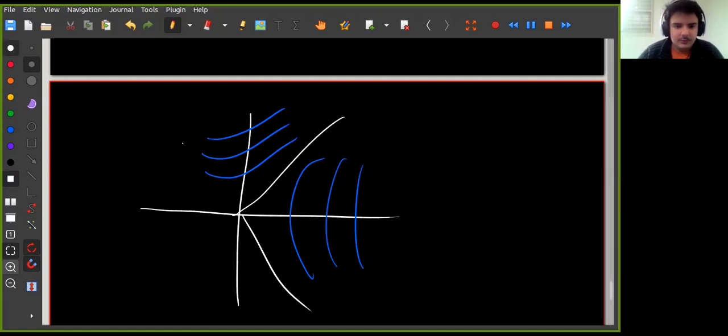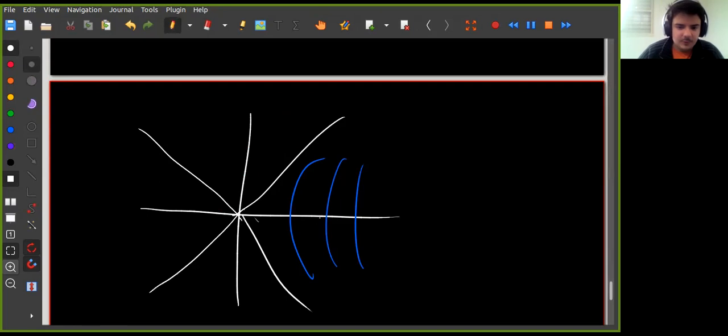Another possibility is you have a mode on the right-hand side and you have a relation with what is going on on the left-hand side. For each particle you see on the right-hand Rindler edge, you also have a particle on the left-hand Rindler edge that you're not going to observe.